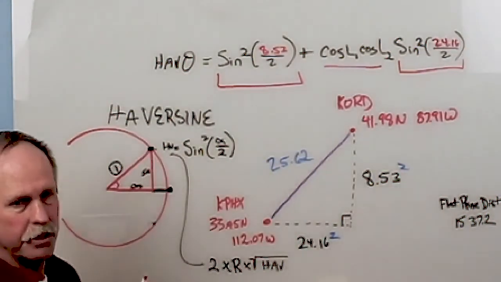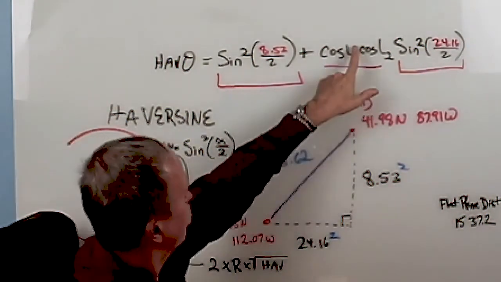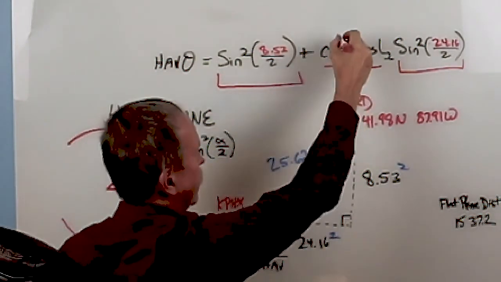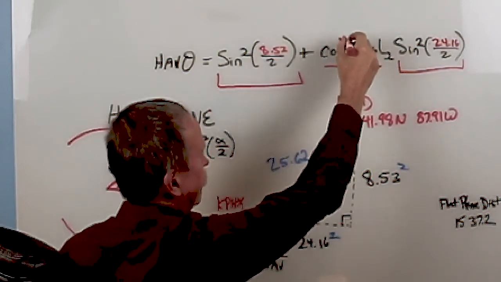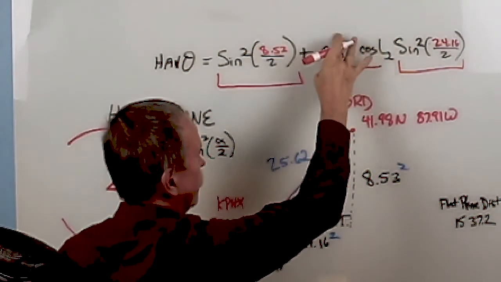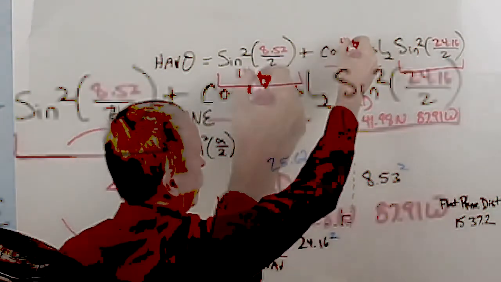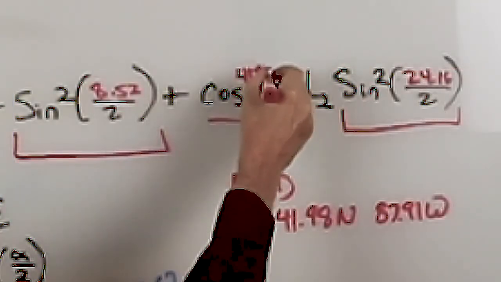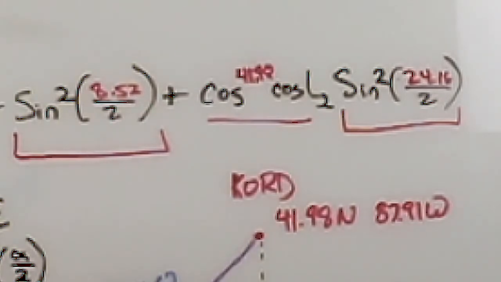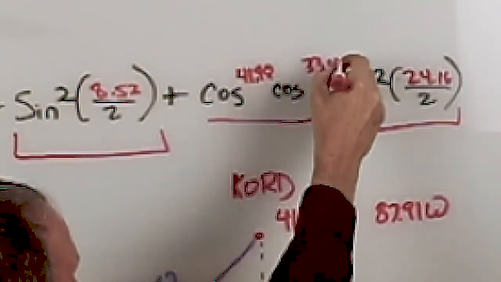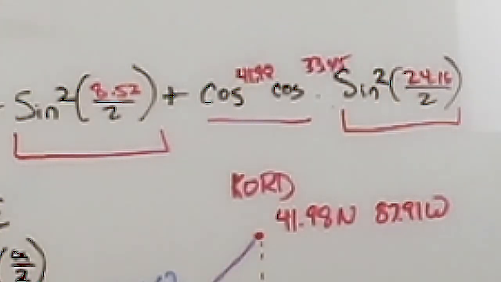So now we have our numbers there. What about these numbers here? Well, lat 1 is 41.98. And lat 2 is 33.45. Okay, so let's go ahead and shoot the math.